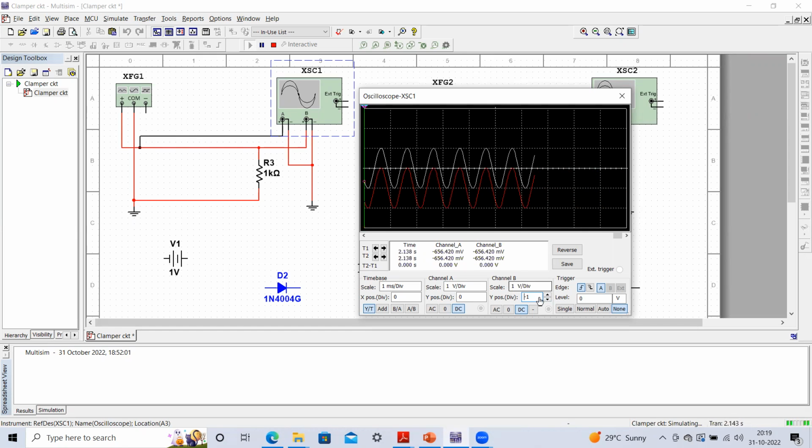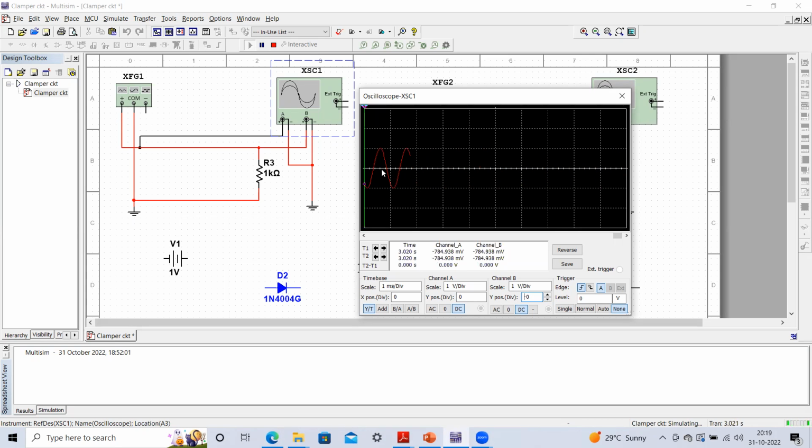Suppose you wish to shift the DC level. Here you can see that this is your 0 volt line, our ground level in the circuit, and this AC signal is symmetrically arranged around this DC level.